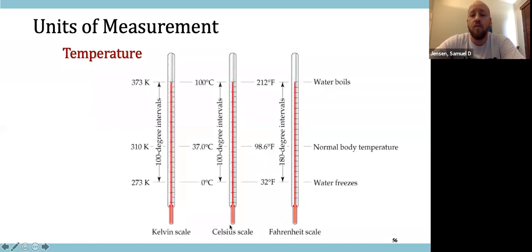Our Celsius scale sets water freezing at 0 and boiling at 100 degrees, whereas on the Fahrenheit scale, it freezes at 32 and boils at 212.